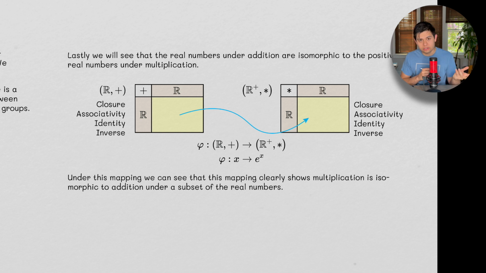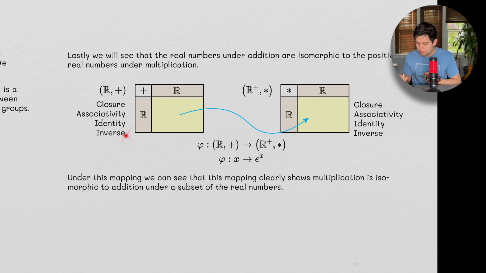So the identity for addition is going to be 0. That's going to be 2 plus 0 is 2. So identity, again, is to do nothing. The inverse is going to be the negative, right? So 2 plus negative 2 is going to give us 0.